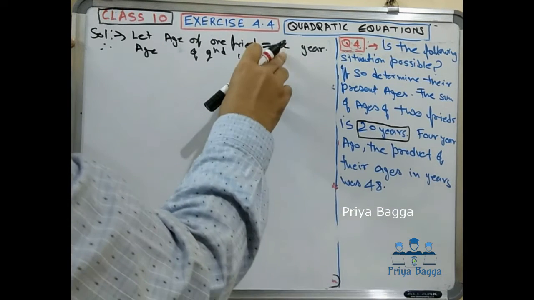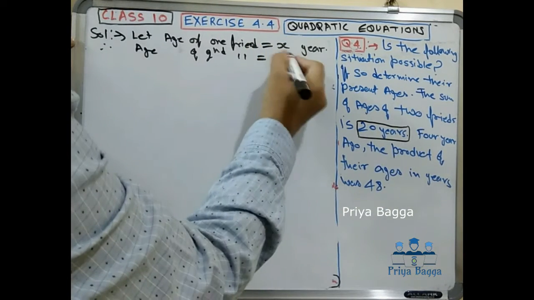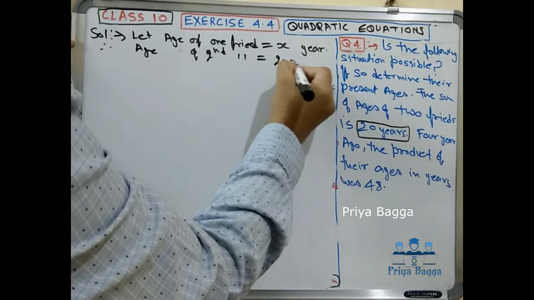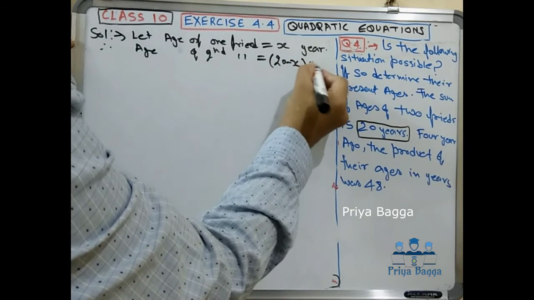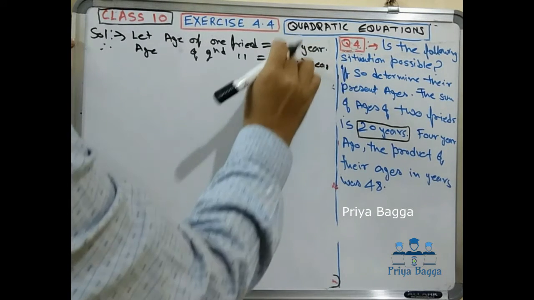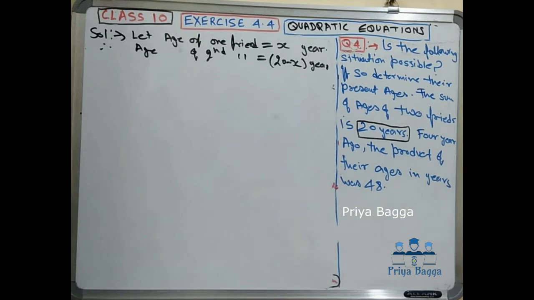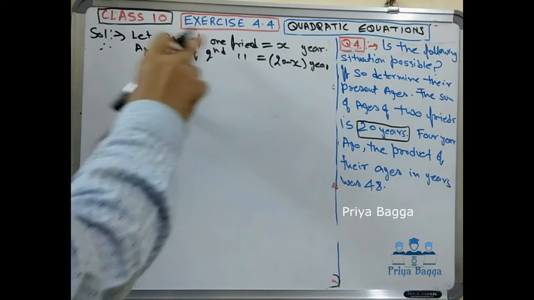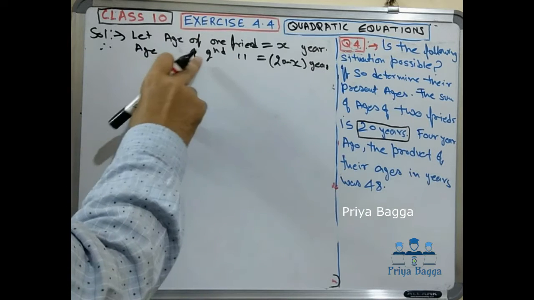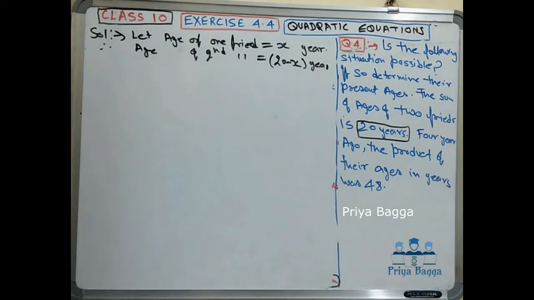If one has x years of age, then the other should have 20 minus x years. Only then, if I add both of these, the x will cancel and the sum will be 20. That is why if the age of the first friend is x, the age of the second friend will be 20 minus x.